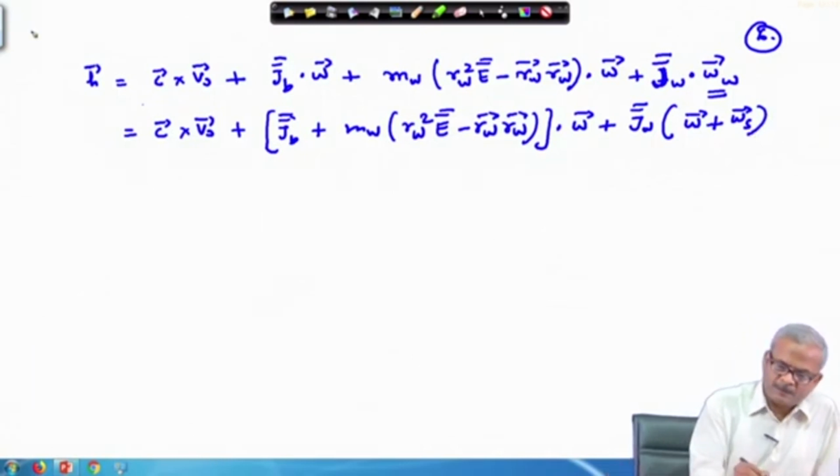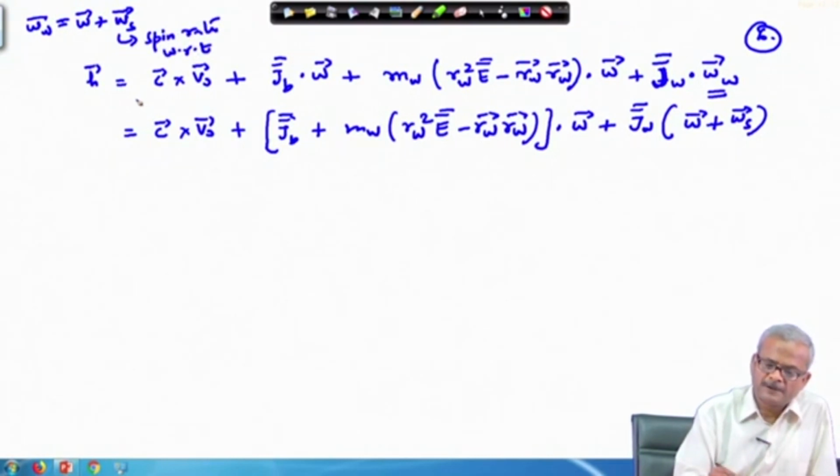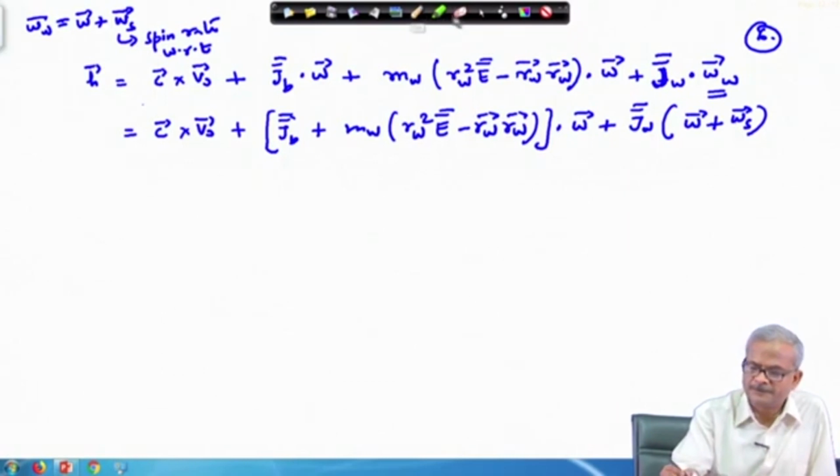So, your omega w equals omega plus omega s, where omega s is the spin rate, the spin angular velocity with respect to the main body.